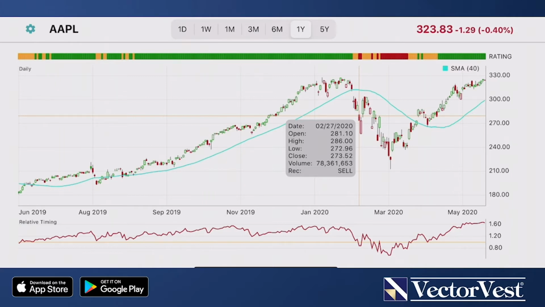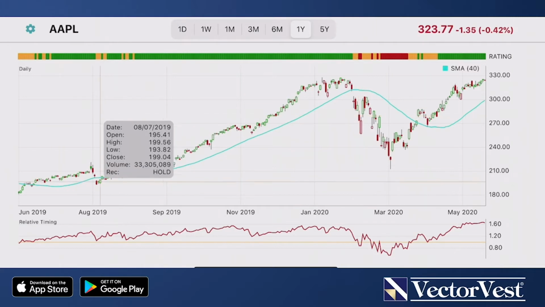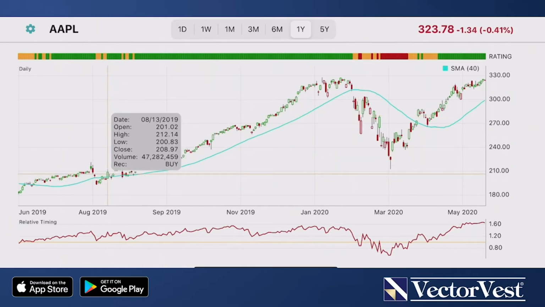I don't understand the difference between a 40-day moving average and looking for price volatility. So, Shakira, a 40-day moving average is just simply that. It's a very basic, very simplistic way of looking at it. Looking at Apple, for example, Apple finally broke above its 40-day moving average after pulling back a little bit back in August of last year.